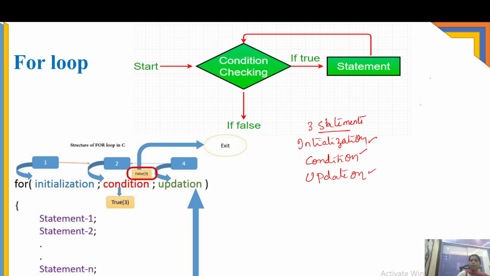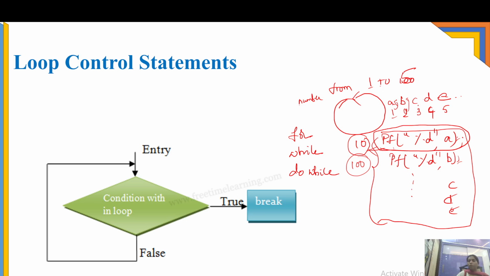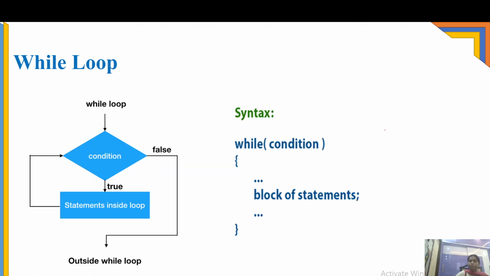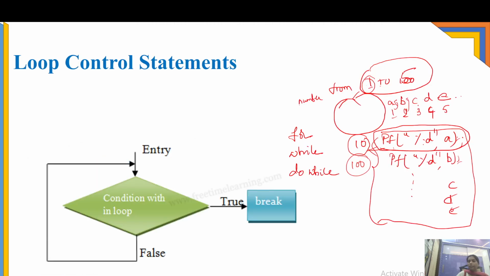In the previous example, I want to print the numbers from 1 to 5, right? So initial value is 1. See this: printf percentile d A, B, C, D, E. Every time the value will be stored in a common variable, that is I. You can take any other variable, but I is common.